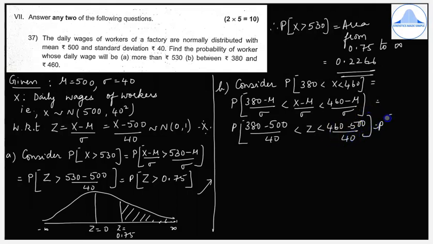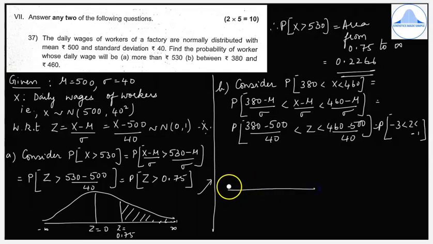When you simplify this, you will get minus 3 is less than z is less than minus 40 by 40, which is minus 1.